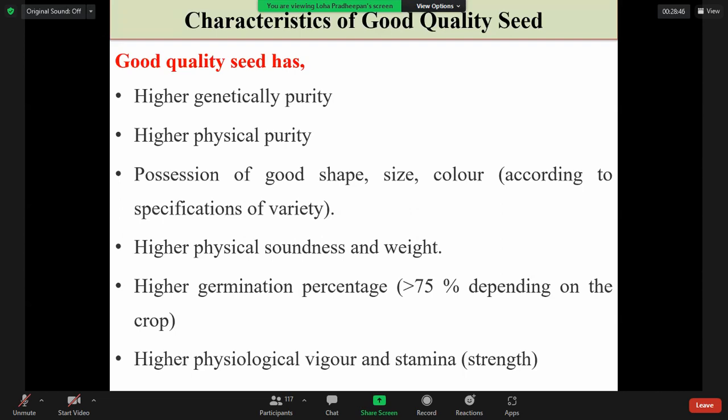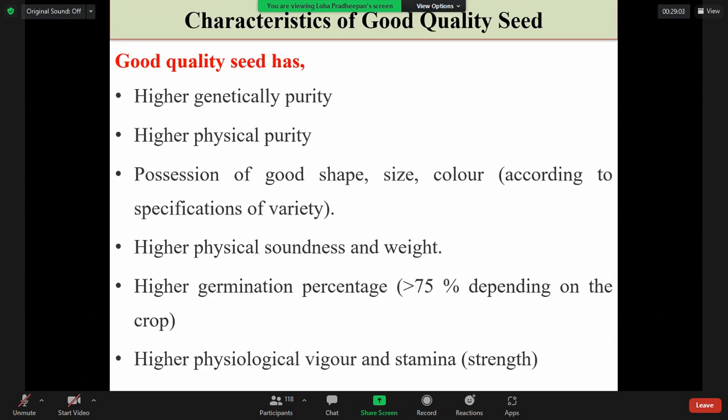So if the seed has more than 75% germination, that seed seems to be a good quality seed. And also it should have vigor, that means strength or stamina of the seeds.